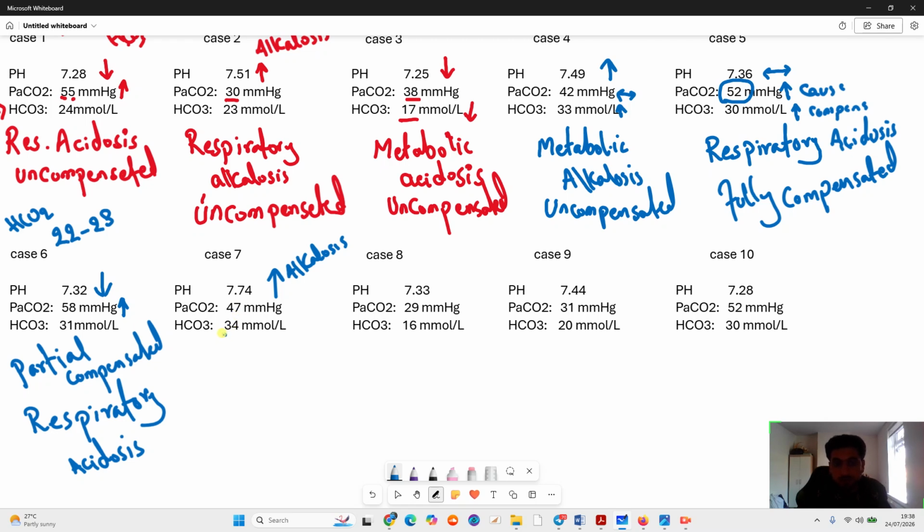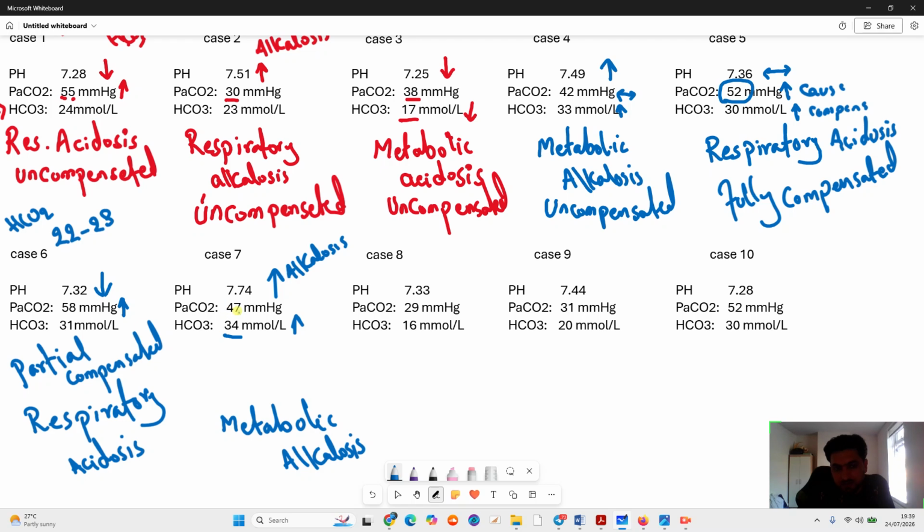It means carbon dioxide is not involved. Look at the bicarbonate. The bicarbonate level is high, more than 28. So bicarbonate is involved. So what we call metabolic alkalosis.